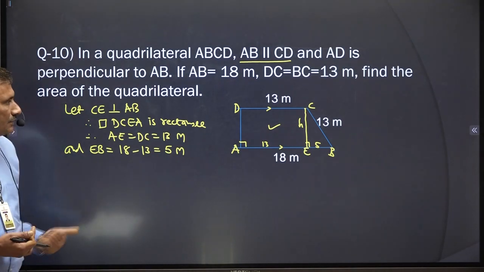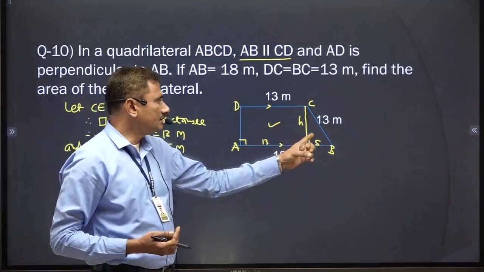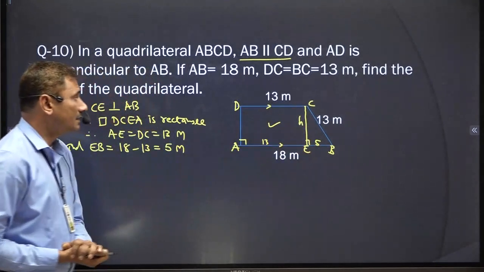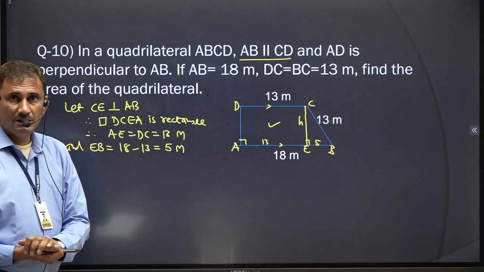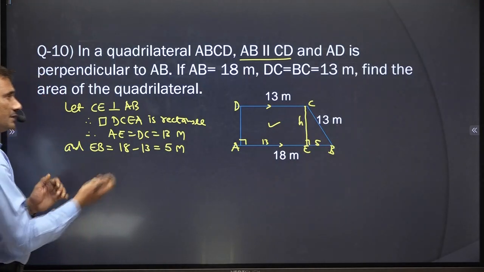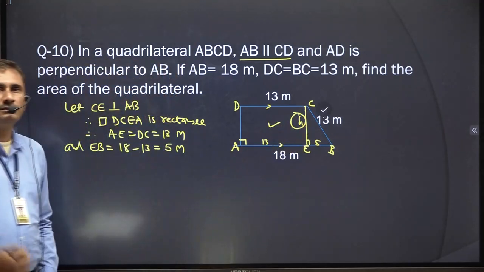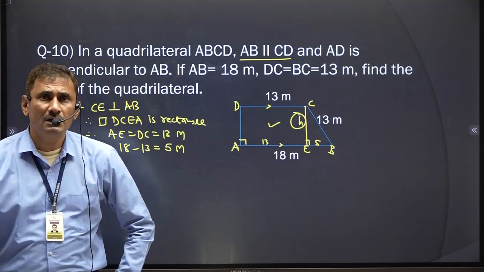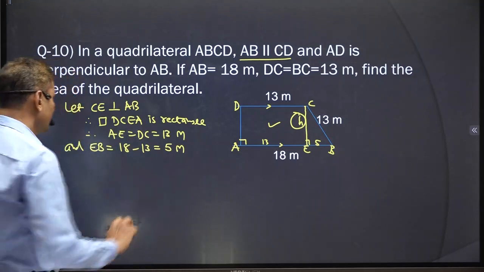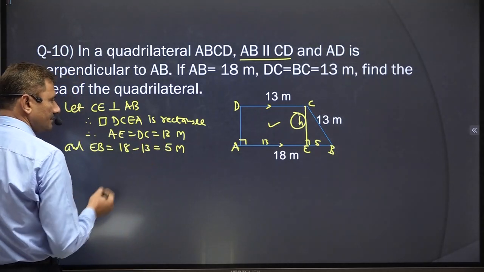Okay. Now you can use the Pythagoras formula here in triangle BCE. So that we will have the altitude. After finding the altitude, we can use that formula of the quadrilateral. So now we use Pythagoras theorem here.